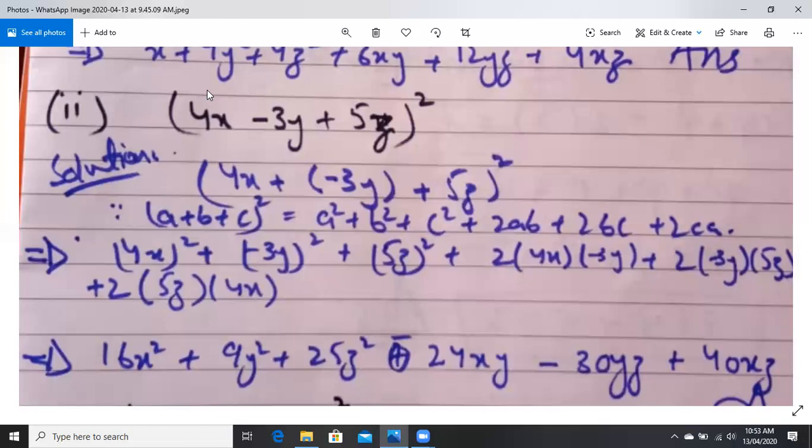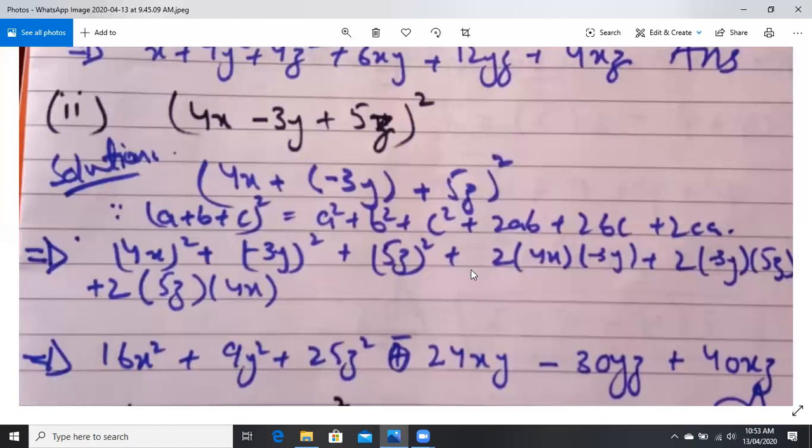So we just put the values: 2 4x minus 3y, these are in multiply, plus 2 which is in formula, and bc, b value is minus 3y and c value is 5z, and 2ca, the c value is 5z and a value is 4x. So just multiply. Square of 4 is 16, the square of x is x square, and the square of minus is plus, the square of 3 is 9, the square of y is y square, plus the square of 5 is 25 and the square of z is z square.